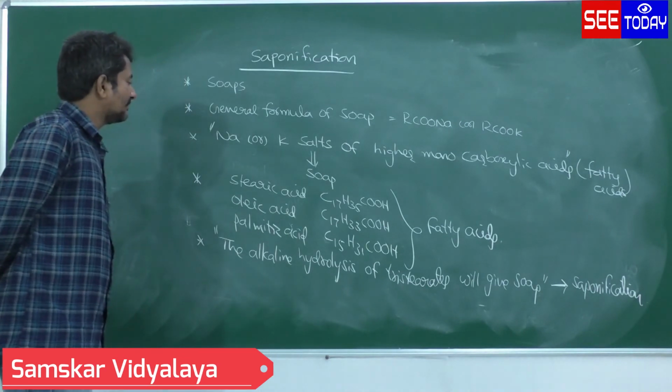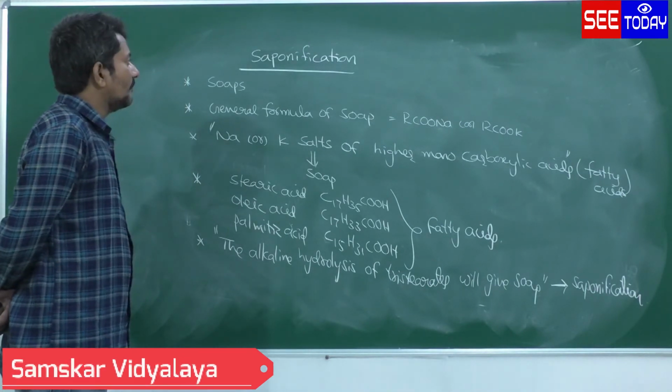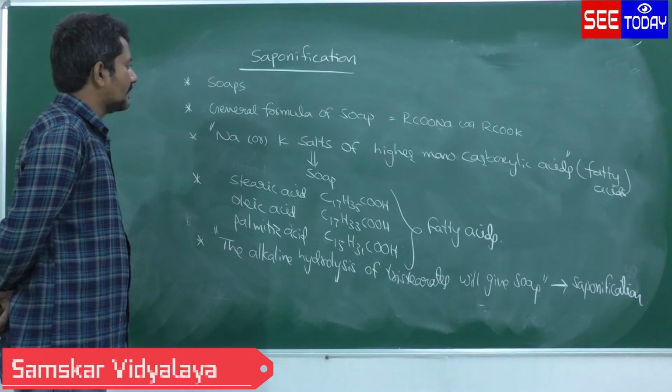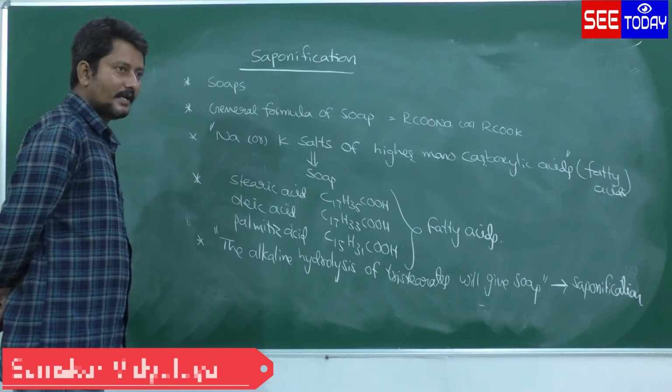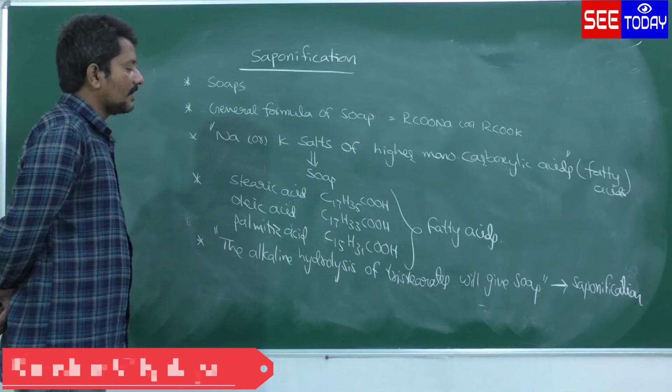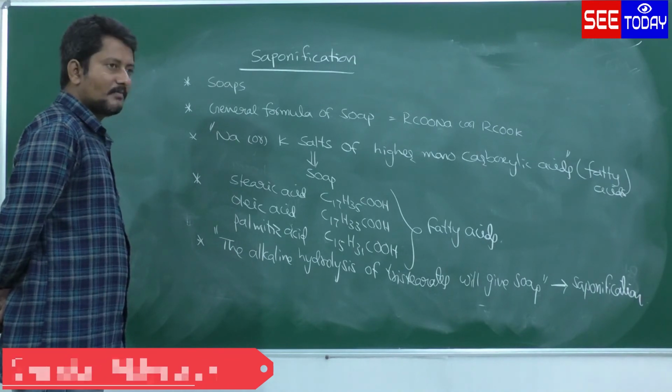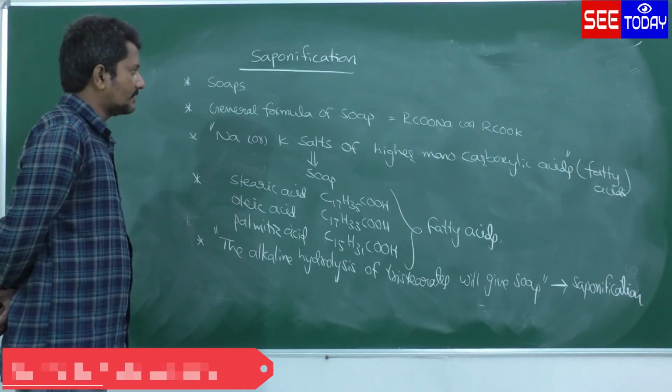Once again, in saponification we have to discuss the soaps. The general formula of soap is RCOONa or RCOOK, sodium or potassium salts of carboxylic acids.